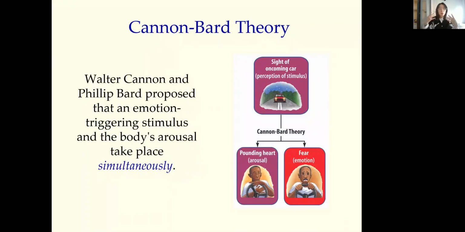So when we see the oncoming car on the highway, we feel fear at exactly the same time that our body reacts. And this emotional reaction will be separate and independent of the physiological arousal, even if they co-occur. So the point is they take place simultaneously and independently.